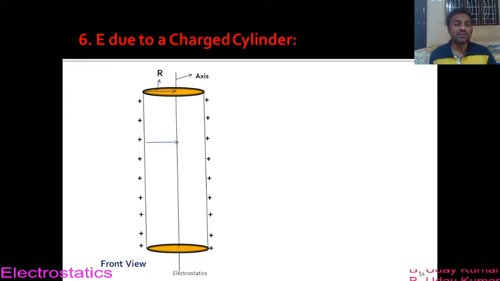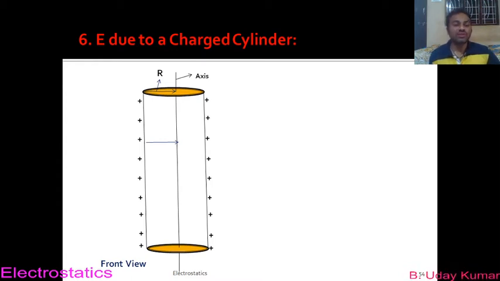How can you say that this is a charged cylindrical conductor? Because whatever charge is given to this conductor is distributed only on its curved surface. By seeing the plus charge given to this cylinder on its curved surface, we can say that this image is the system of a charged cylindrical conductor.